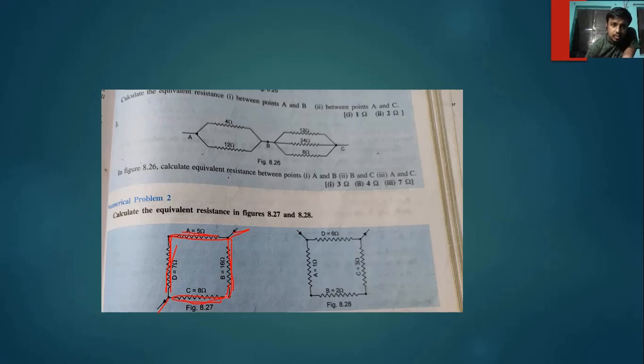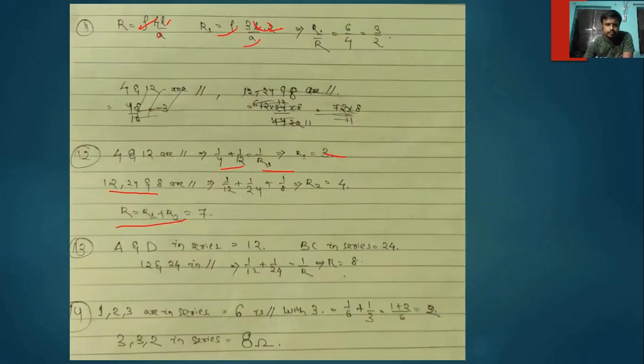When you simplify both circuits, they will be in parallel to each other. So first we find the equivalent series of each, and after that they are parallel to each other.